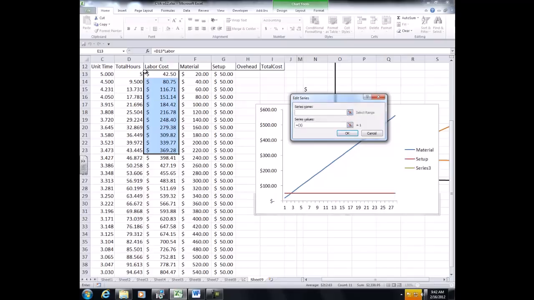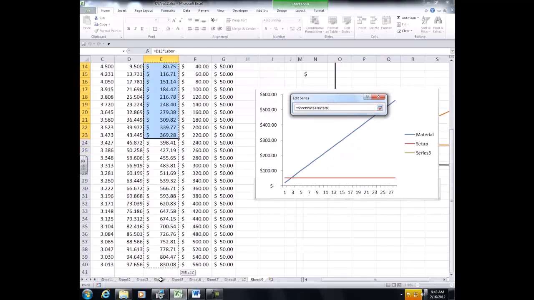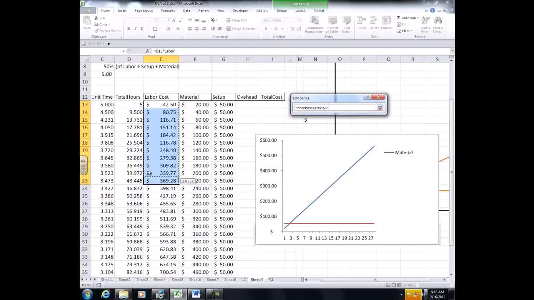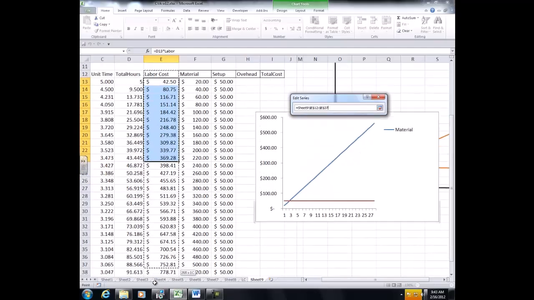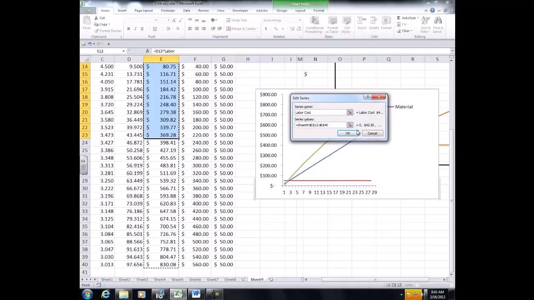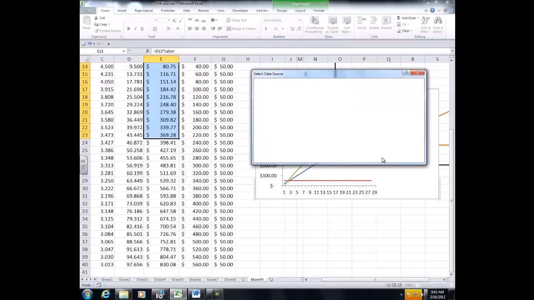The range is from E12, including the name of that column, down to 40. Oh, sorry, that's the name. The name is labor cost. And the series value actually is from E12 down to here. Click OK.